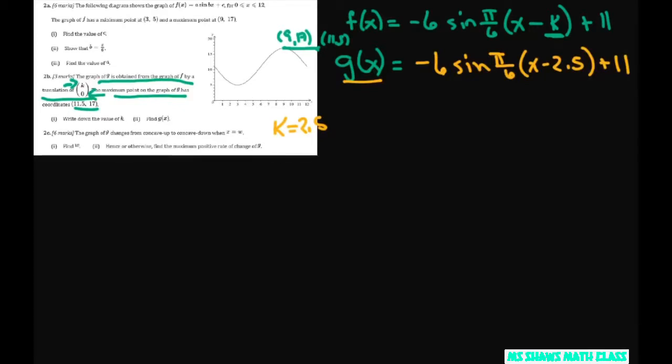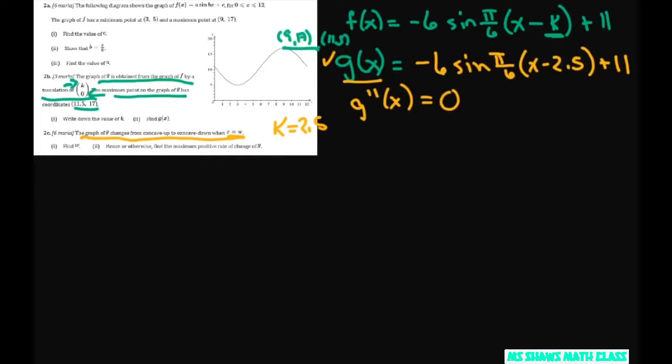And it says the graph of G changes from concave up to concave down when X equals W. So basically, there's two ways to do this. You can take the second derivative, set it to 0 and get that.